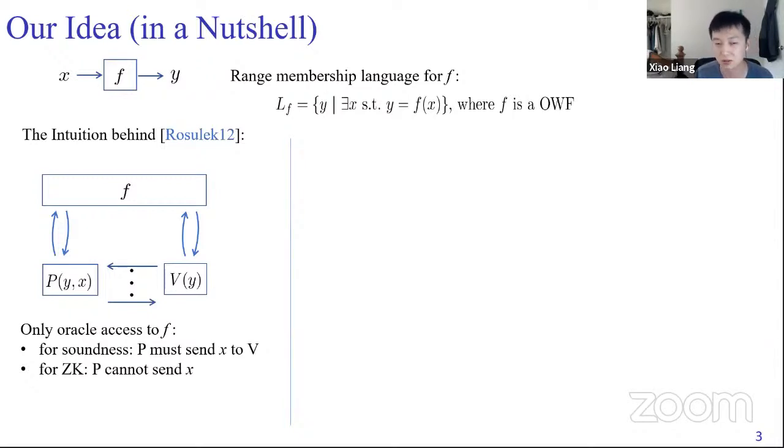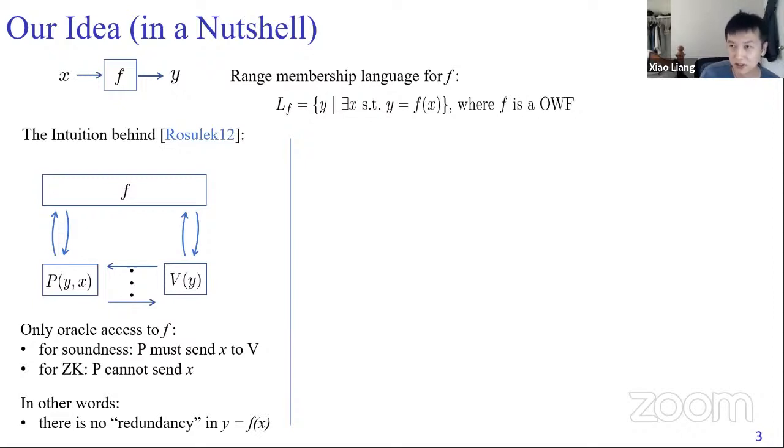There's no other way to verify it. However, if you send x, it is not ZK. So this is the essence of this lower bound proof. Or put it in another way, there's no redundancy in the evaluation procedure y equals f(x). You have to reveal x totally, or you cannot prove it. This is a true statement.